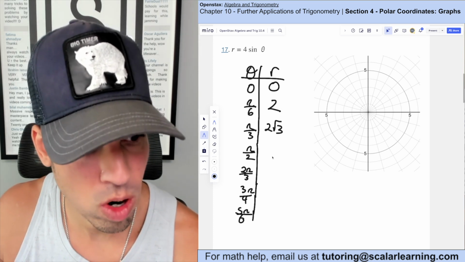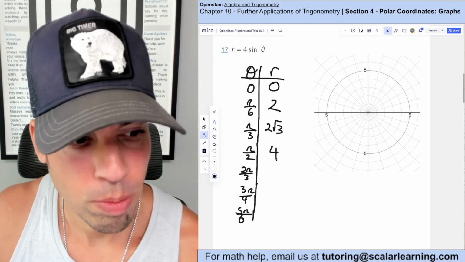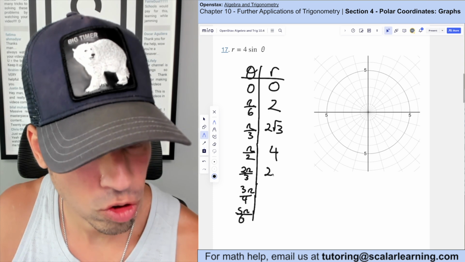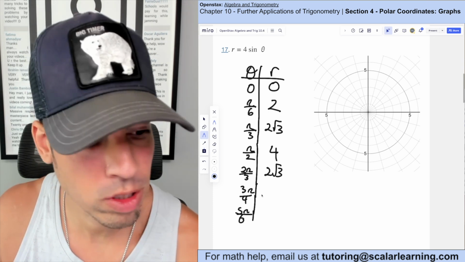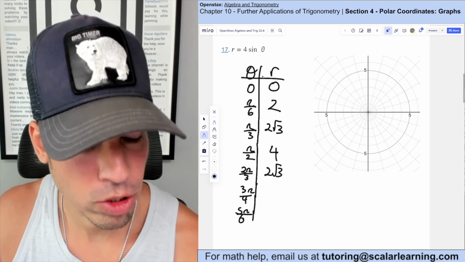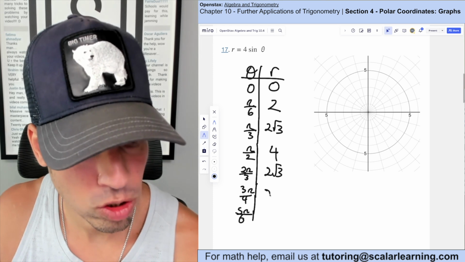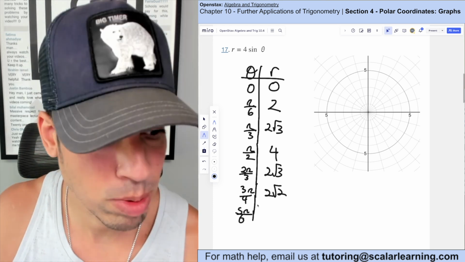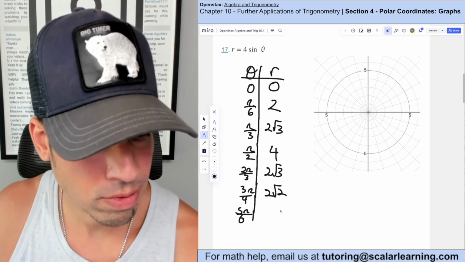Pi halves is 1 times 4 is 4. 2 pi thirds is again rad 3 over 2 times 4 is 2 rad 3. 3 pi fourths is rad 2 over 2 times 4, which is 2 rad 2. And then 5 pi 6 is again 1/2 times 4 is 2.